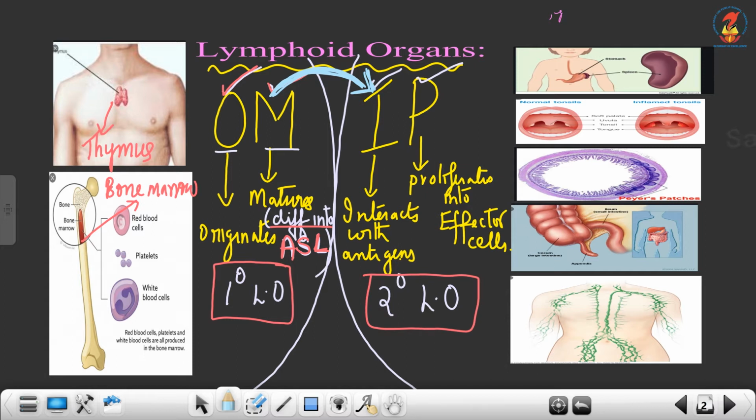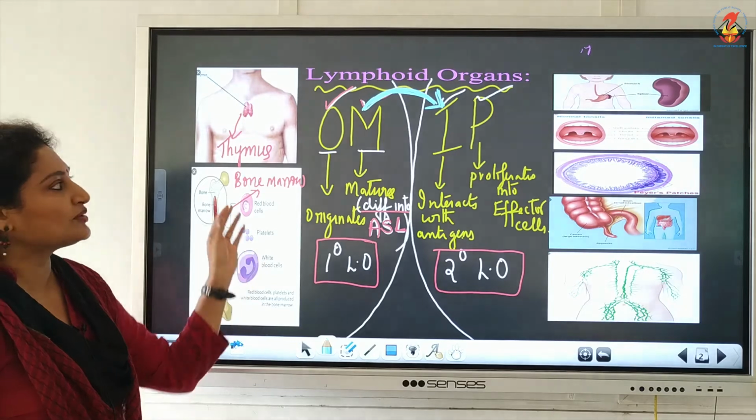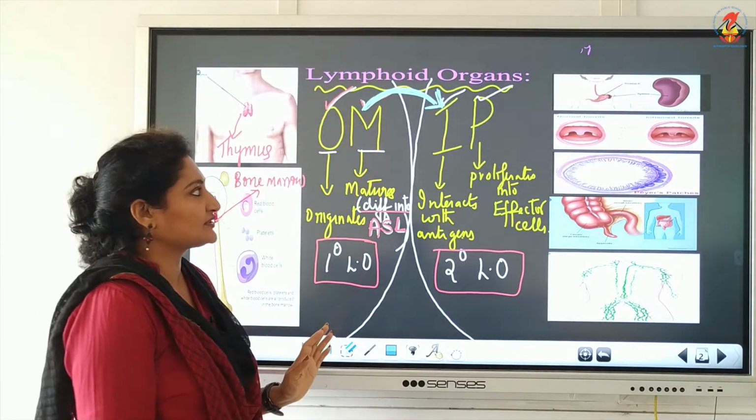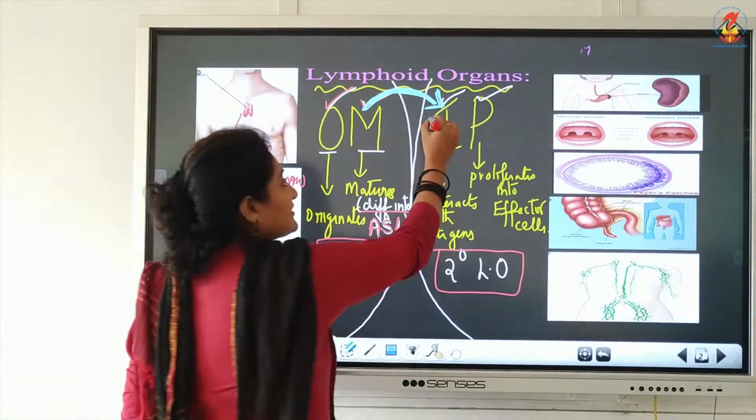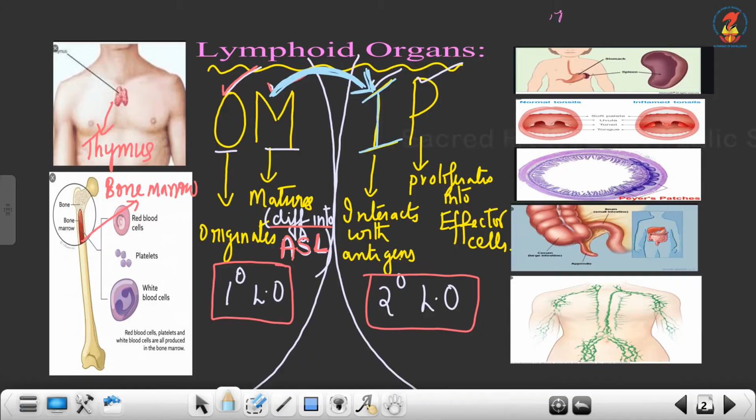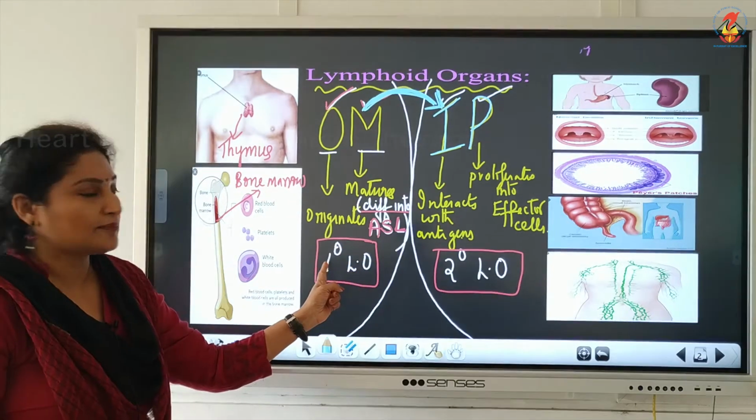So, they were there in the primary lymphoid organs, now they migrate to the secondary lymphoid organs, where they interact. See, I stands for interact with the antigens and proliferates into effector cells. So, how will you define secondary lymphoid organs? You have to have a continuation with the primary lymphoid organs.